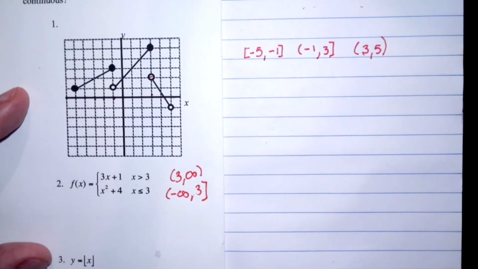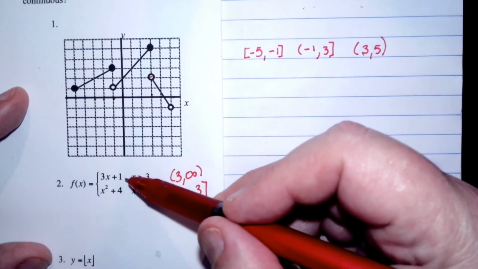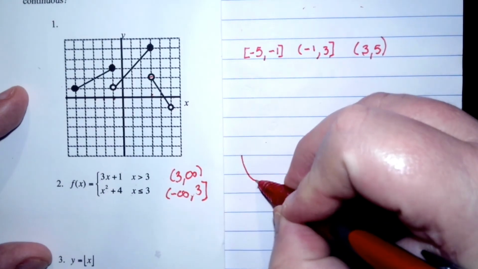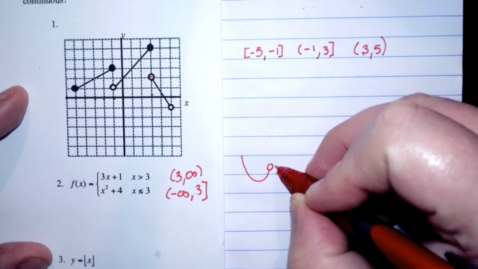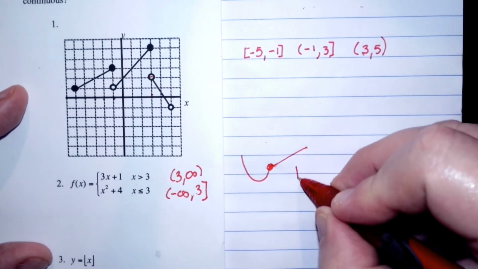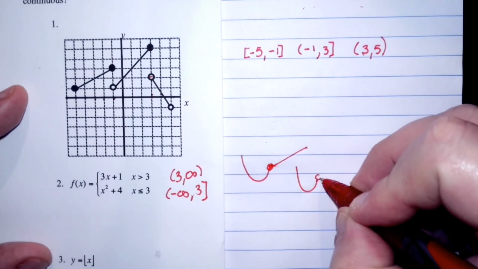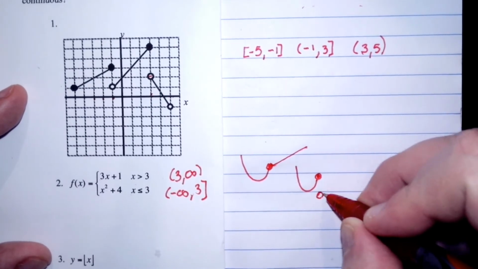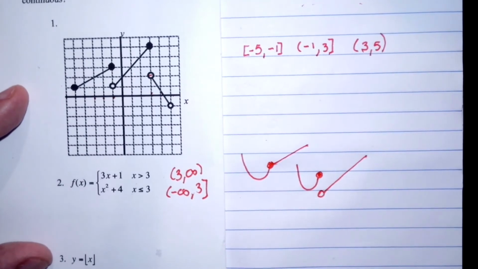But the question is, what's happening where we change from this graph to this graph? Do the two pieces line up like that, or do we have something more like that? And how can we tell?